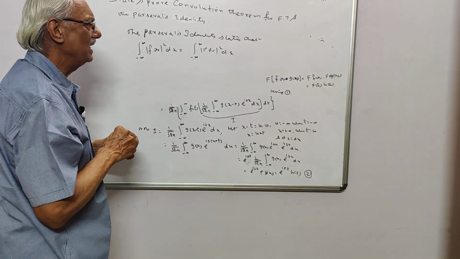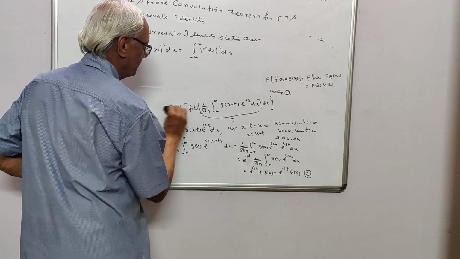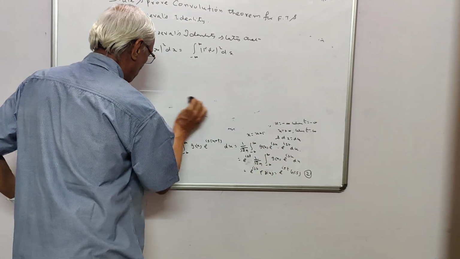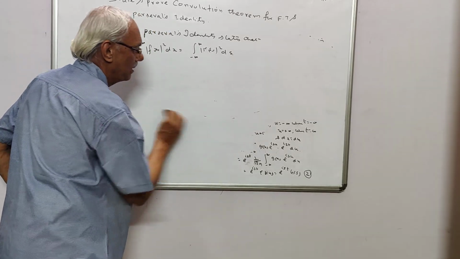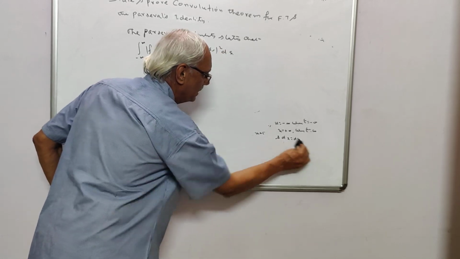So this is Parseval's identity. It's easy to prove, and just follow how I do this problem. They may not ask you the proof of this, but the application part is very, very important, and you must know how it is applied.